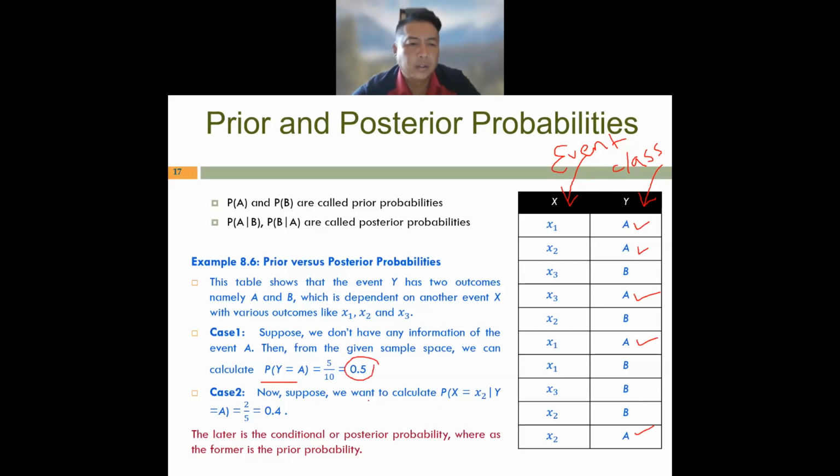Given that the value y is a, what is the probability of having x2?